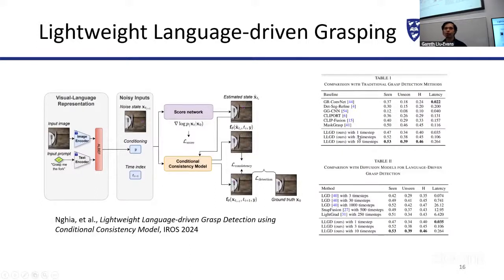For example, 1 time step, 3 time steps, or 10 time steps. So there is a trade-off between how accurate you want your model to be and how fast you want it to be. I think it's still a very active research field at the moment, and the trade-off between latency and accuracy is still a big question for future research.